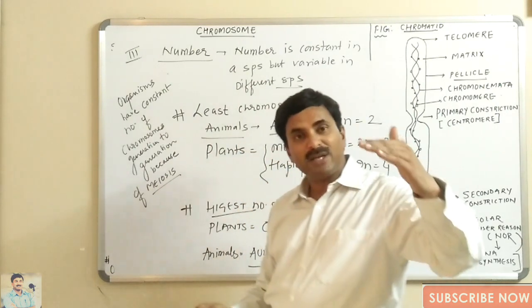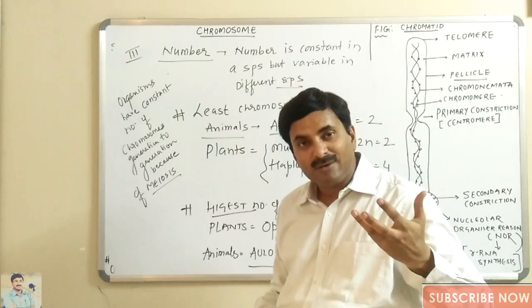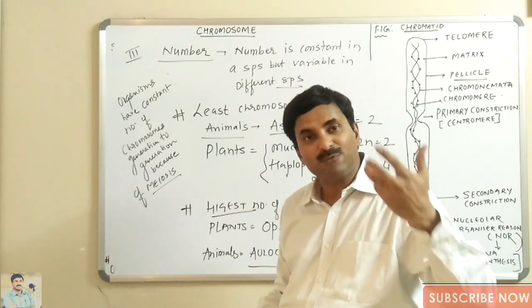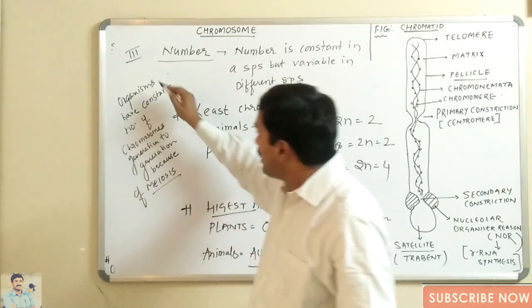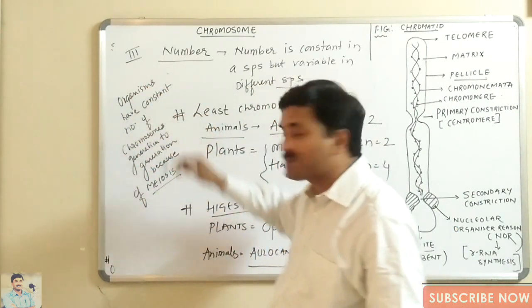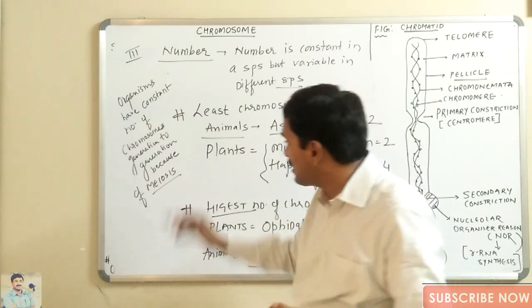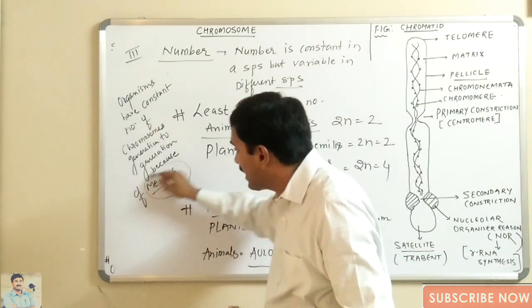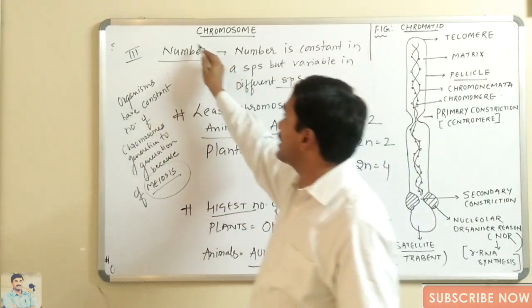Say our grandfather had 2n = 46 chromosomes, our father also bore 2n = 46 chromosomes, and we are also bearing 46 chromosomes. So the organisms have a constant number of chromosomes generation to generation. The chromosome number remains constant generation after generation because of a cell division type, and that cell division type is known as meiosis. So students, this was about the number.